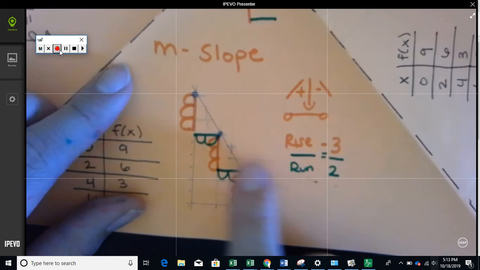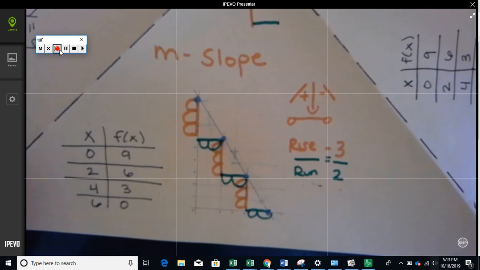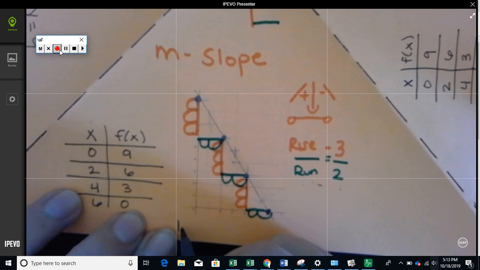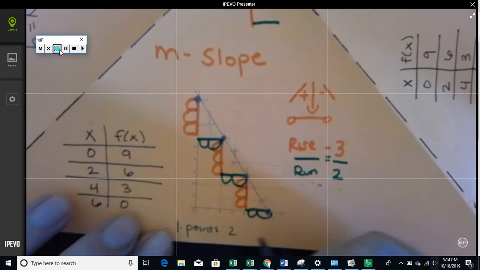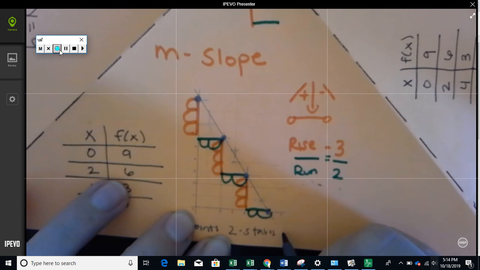That's the other way you would know that this is negative slope. Okay, so on a graph, you're going to first have to get the points. Second, draw the stairs. And then count.